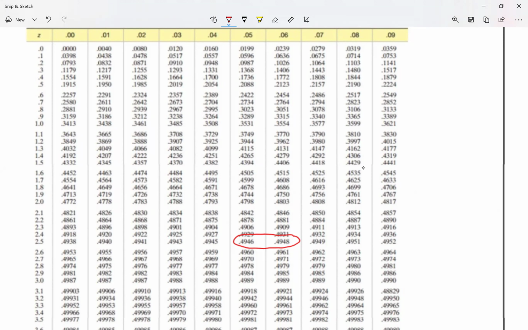So if it was 0.4946, I know my C-score is 2.55. If it was 0.4948, I know my C-score will be 2.56. Follow me so far?